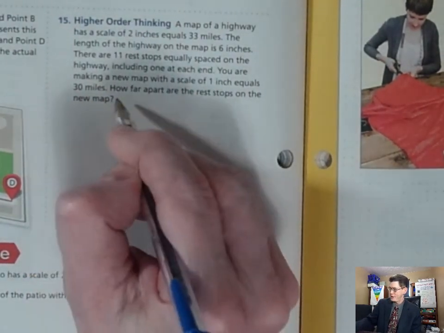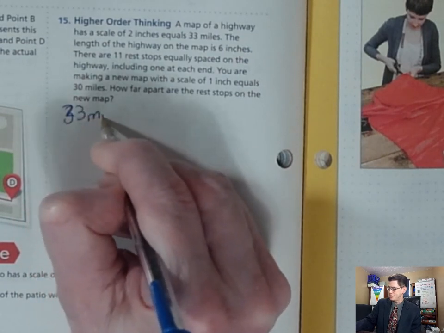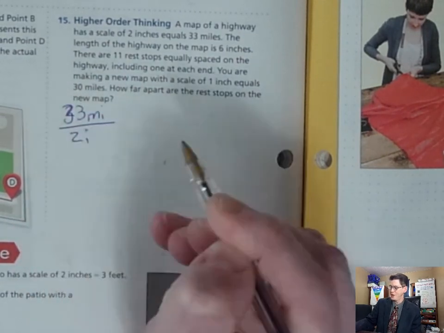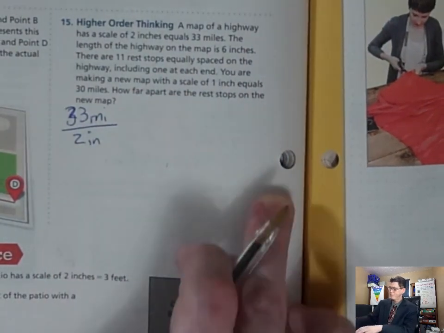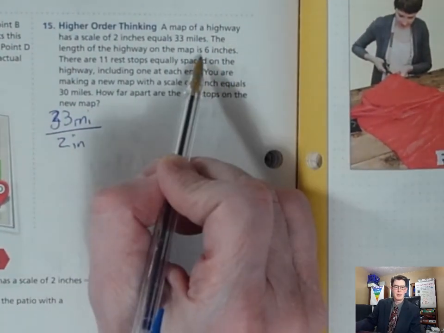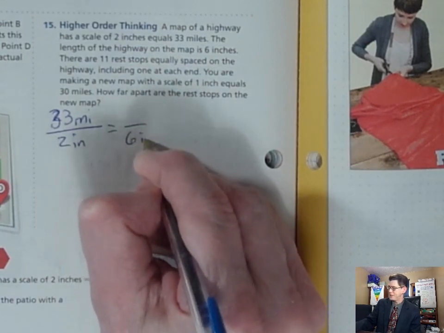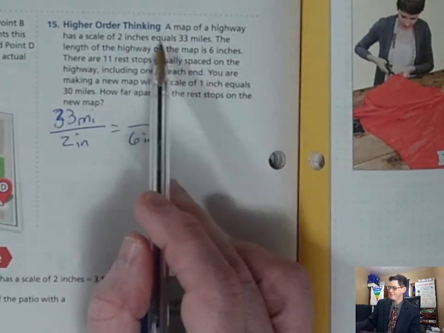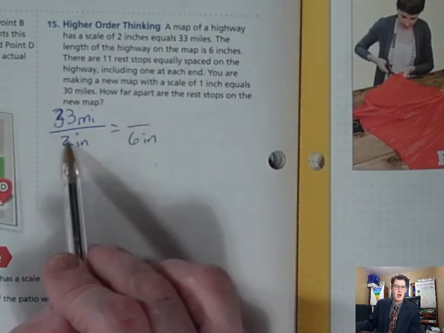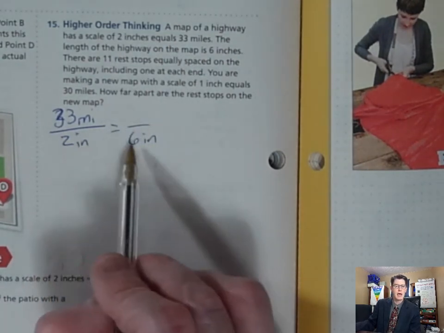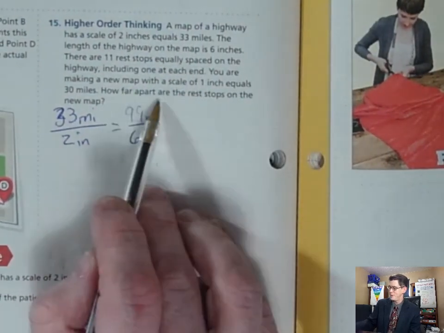They tell you that 33 miles is the same thing as 2 inches, and the length of the highway on the map is 6 inches. Oh, okay, so the actual freeway is times 3, so times that by 3 is 99 miles.